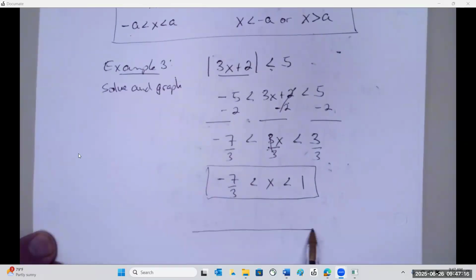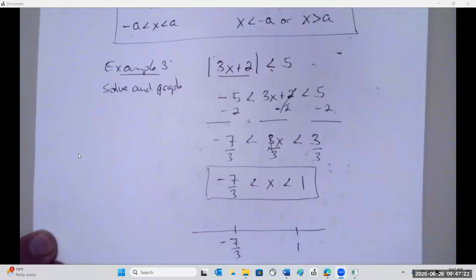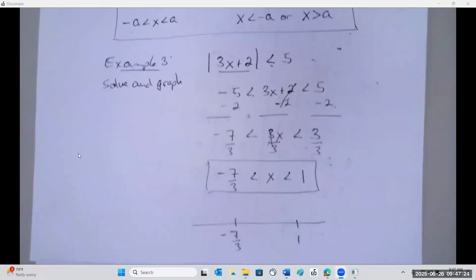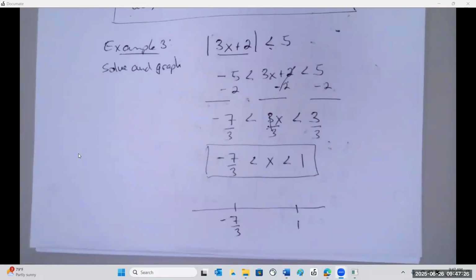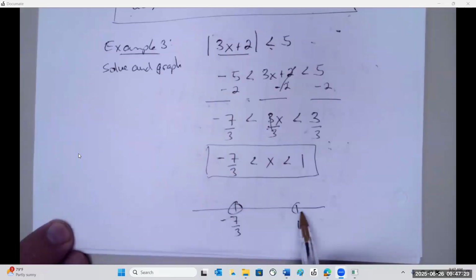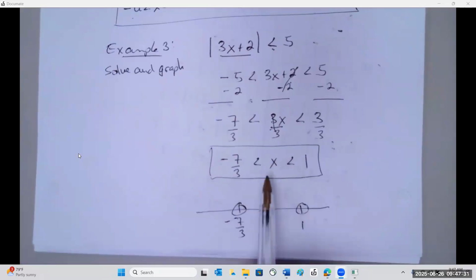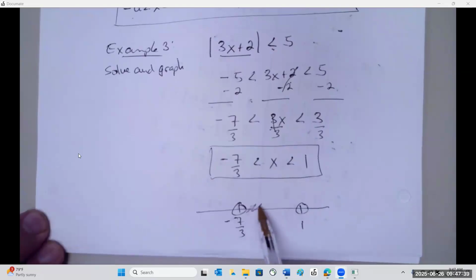So let's graph it. We have negative 7 over 3, and we have 1. Are they open or closed circles? They're both open circles because we cannot use the numbers. They have no line underneath them. So where's the shaded region? X is between them.